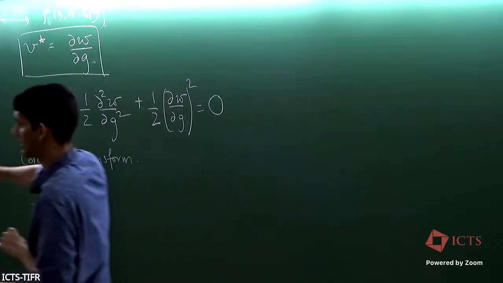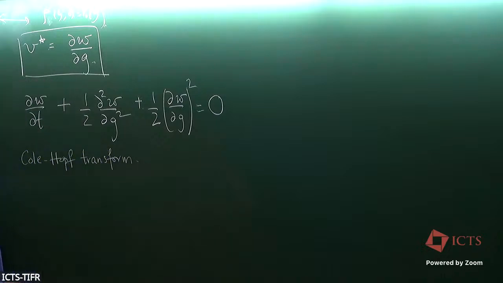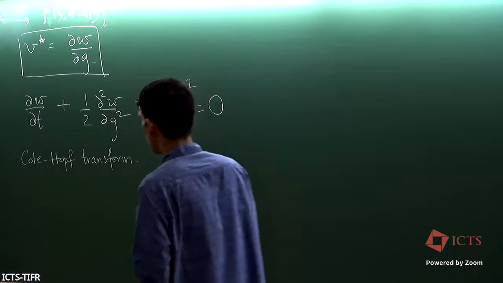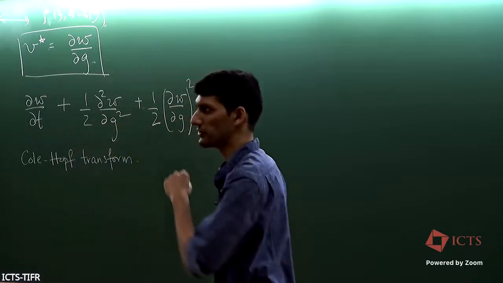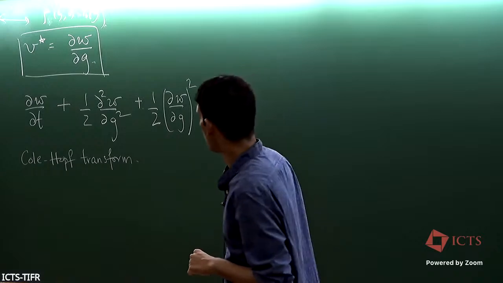Yeah, just plug this back in over here. And you get a half because you get a minus half here and there's a 1 here. Okay. This is known as a Cole-Hopf transform. You might have seen this before because it also appears in fluid mechanics when you're analyzing the Burgers equation.